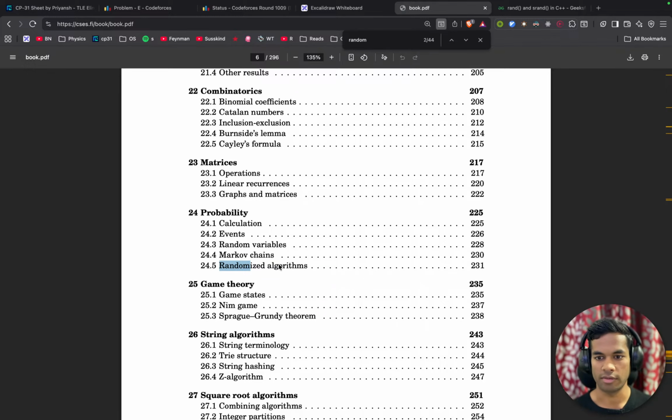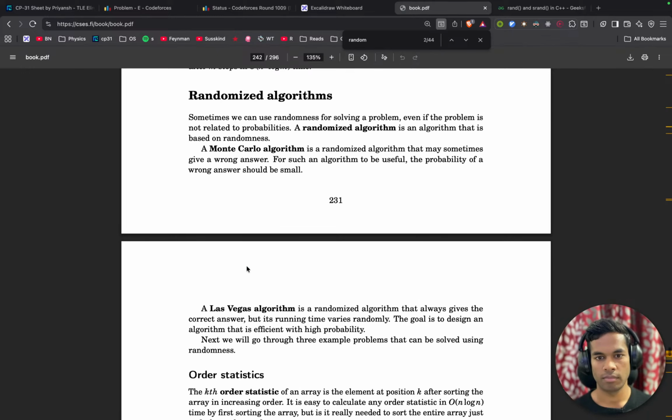Randomized algorithms, yes. Sometimes we can use randomness for solving a problem even if the problem is not related to probabilities. A randomized algorithm is an algorithm that is based on randomness. A Monte Carlo algorithm is a randomized algorithm that may sometimes give a wrong answer. For such an algorithm to be useful, the probability of a wrong answer should be small.